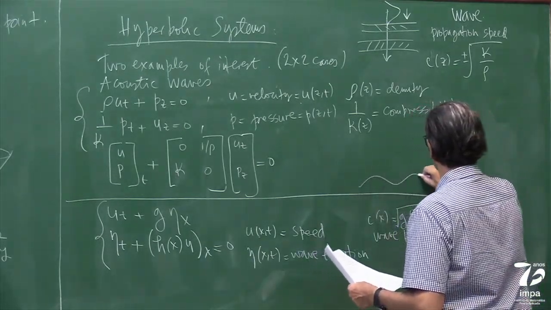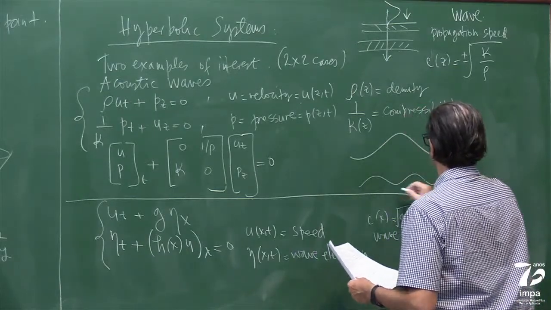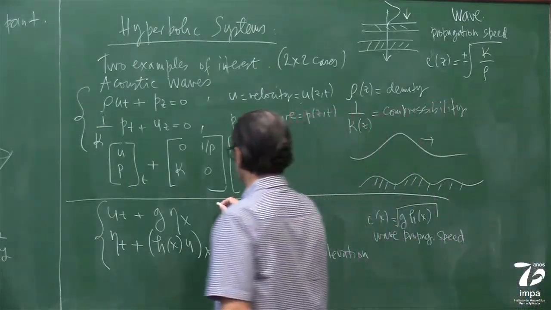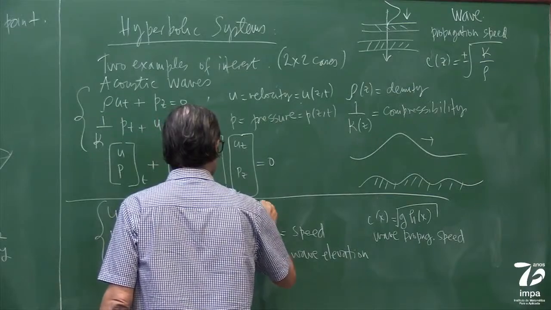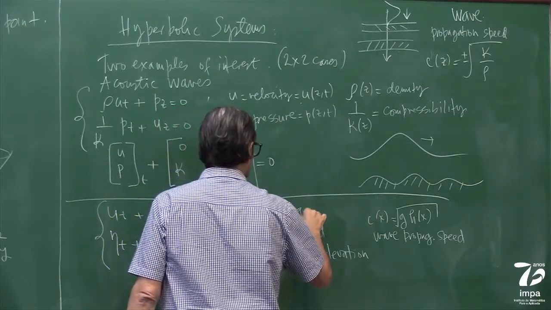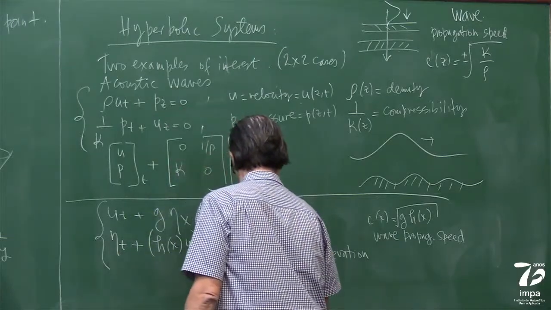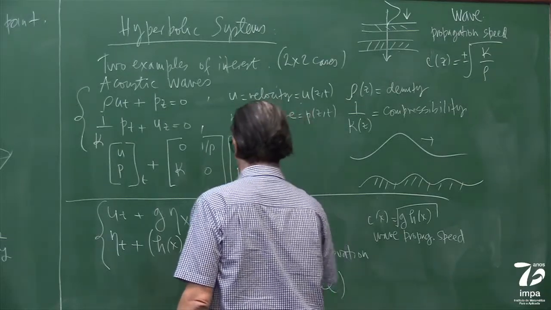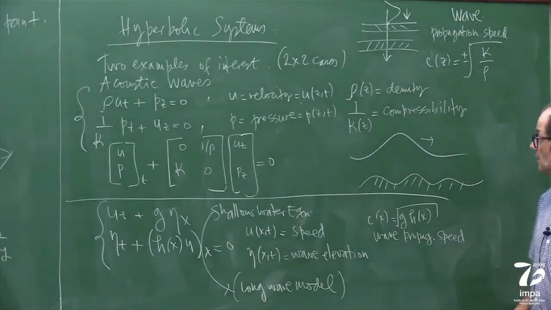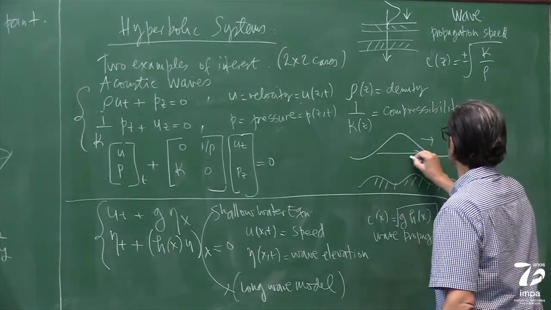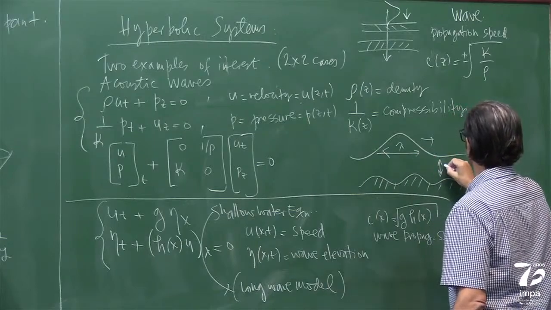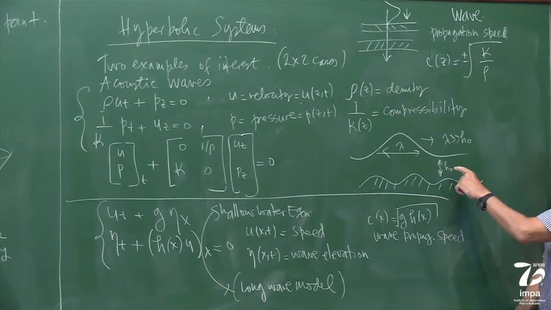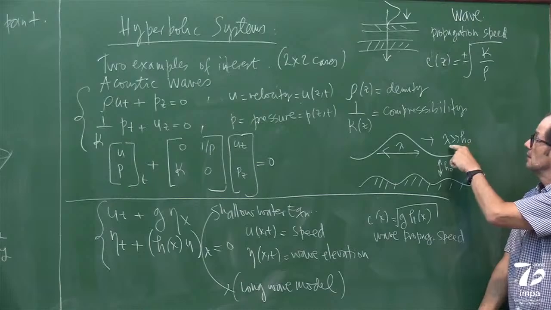This is the shallow water equations, or a long wave model, where lambda is much bigger than the average depth or the reference depth.